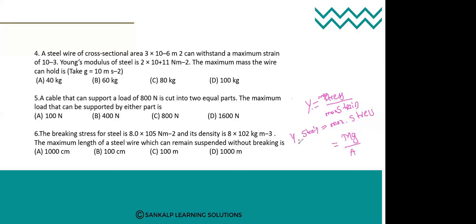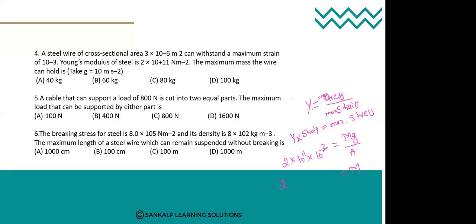Then here Young's modulus value is given. What is the value of the Young's modulus? That is 2 into 10 to the power of 11 into strain value. So strain value, what is it given? The maximum strain is given as 10 to the power of minus 3. So we just need to calculate the mass here. So transfer all the other terms from the mass side, students. So here it becomes 2 into 10 raised to 11 minus 3.